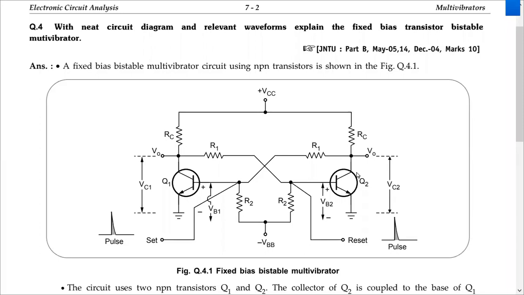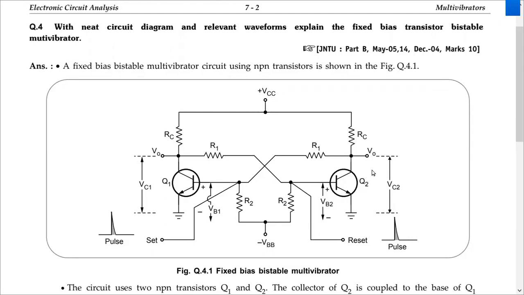So let us assume that the current through Q2 is higher than the current through Q1. Starting with that assumption, if the current through Q2 is higher, Q2 is towards on, isn't it? When the switch is on, the current is high. So Q2 is towards on.